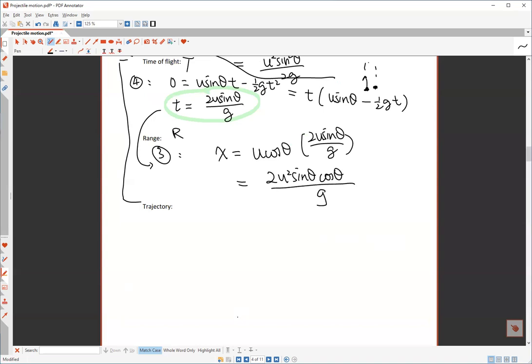Why do I still write the equals sign here? Because you can further simplify this expression using a mathematical identity: sine 2 theta equals 2 sine theta times cosine theta.